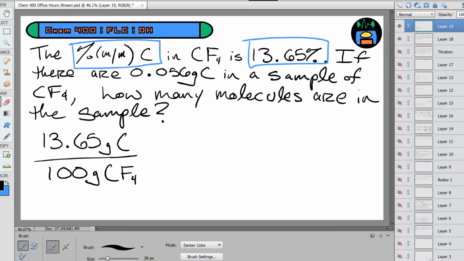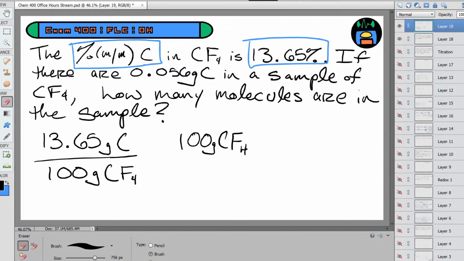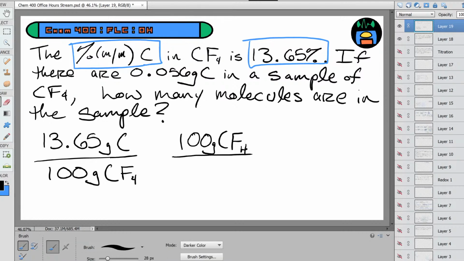But the thing about this ratio is it's correct no matter where you write it. You could also say that in a 100 gram sample of CF4, or that a 100 gram sample of CF4 will contain 13.65 grams of carbon.